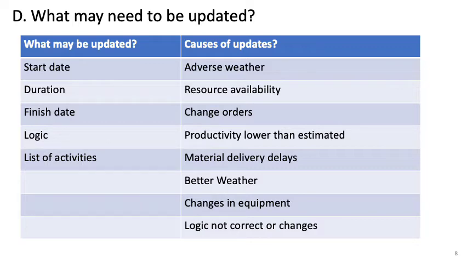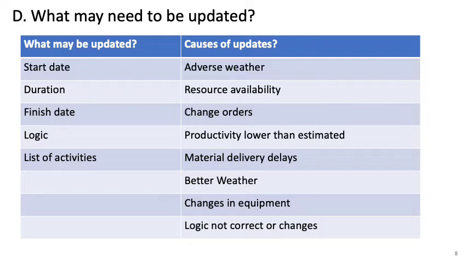And then material delay is another common cause of updates. Many times the material is delayed, so you cannot start doing the work without materials, so you have to delay the start of some activities. And then changing equipment may also require you to change the schedule.